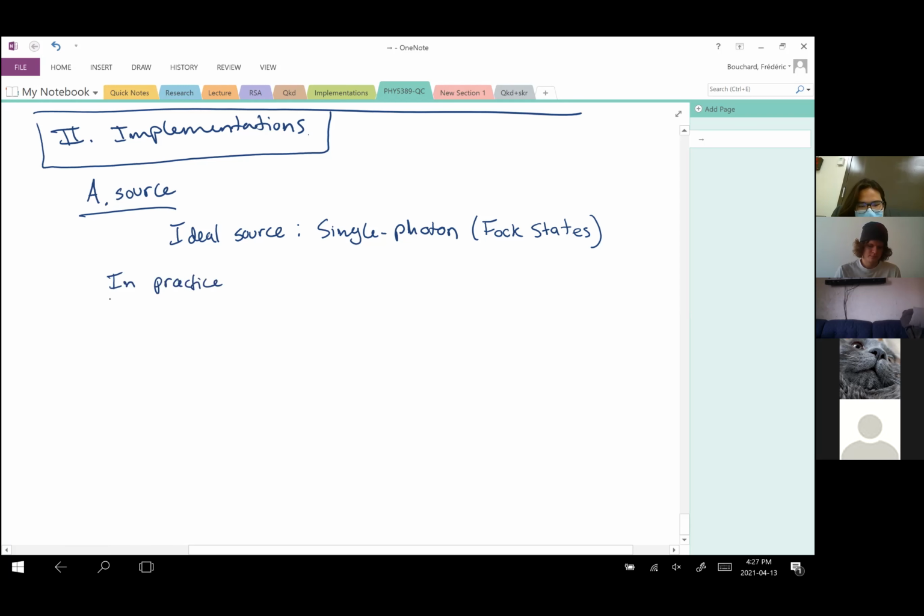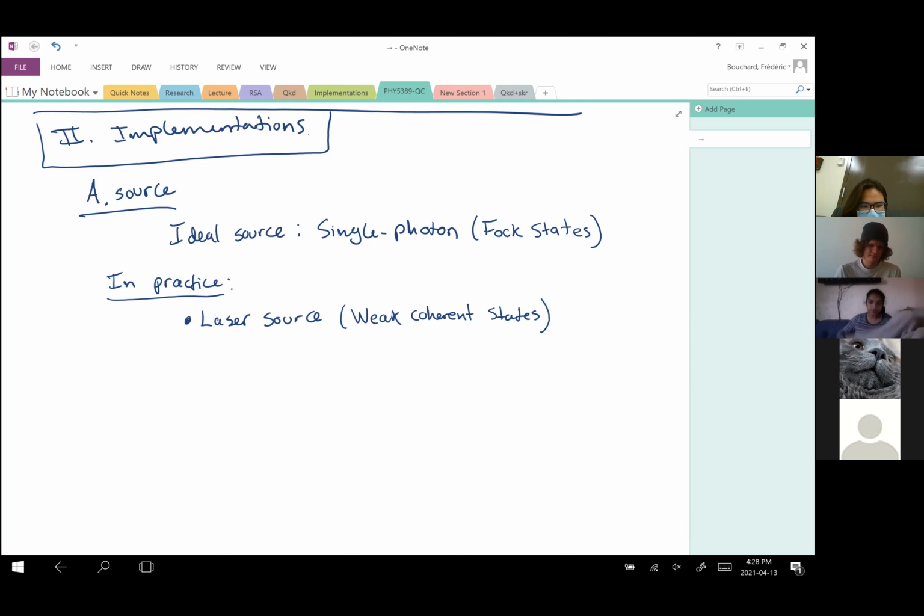The first experiments have been done with a laser source. The thing with laser sources, as you probably know, is they're a coherent state, so weak coherent states. So what people have done is take a laser, attenuate it up until the point where your mean photon number is close to 1, or actually lower than 1, and call that a sort of single photon state. So if you have a laser, which is a coherent state, which I'm sure you've seen in this course, this is the formula.